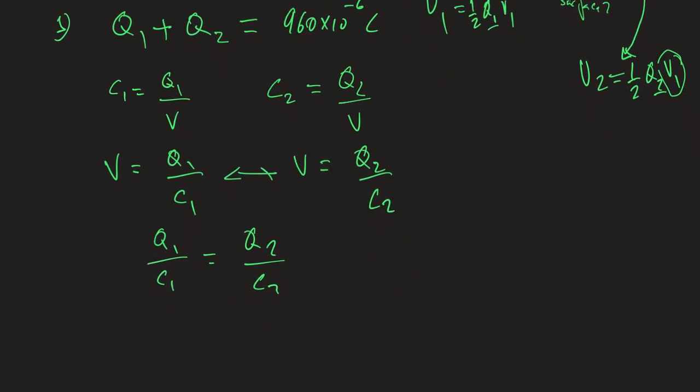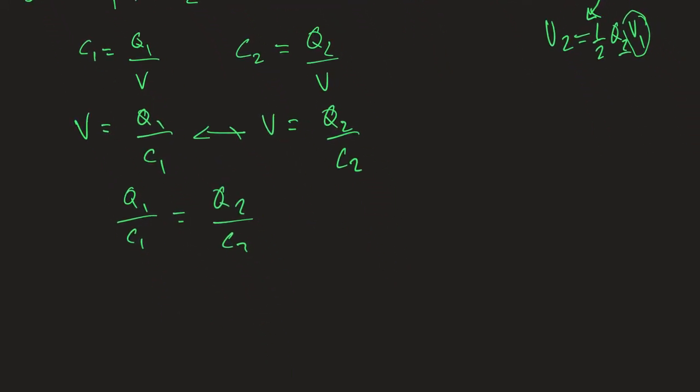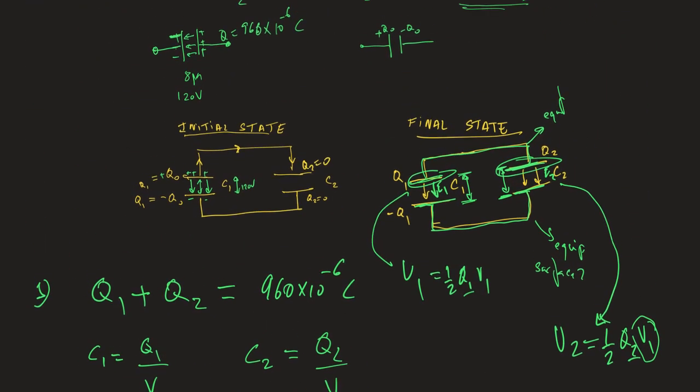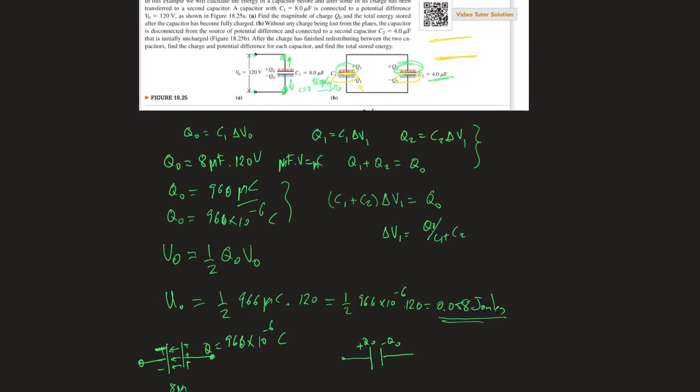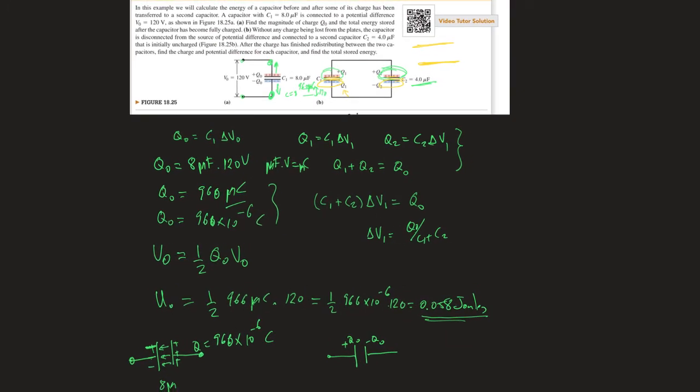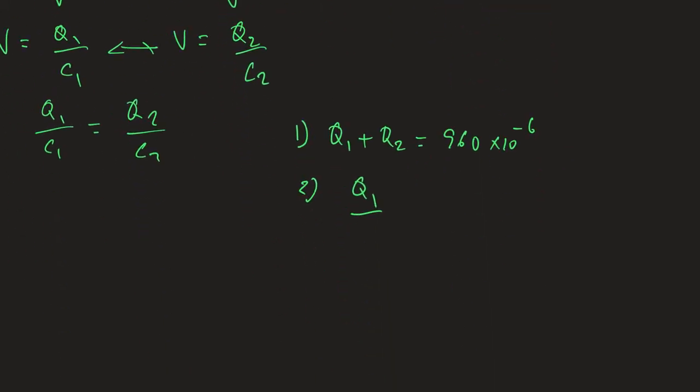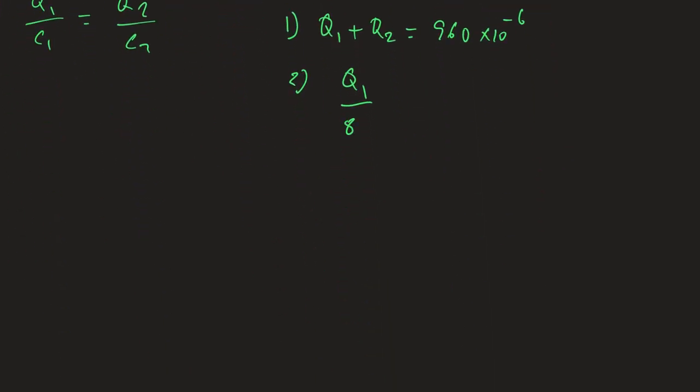So Q1 divided by C1 should be equal to Q2 divided by C2. Now I have a system of equations. The first equation says Q1 plus Q2 equals 960 by 10 to the minus 6, and the second equation says Q1 divided by C1, where C1 is 8 microfarad and C2 is 4, so Q1 divided by 8 should be equal to Q2 divided by 4.